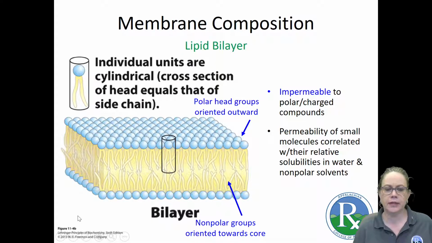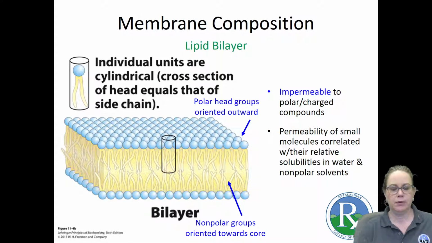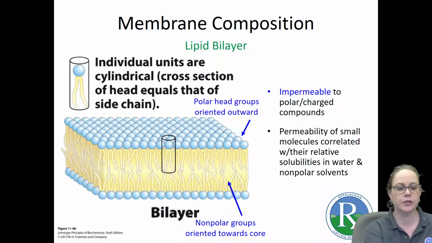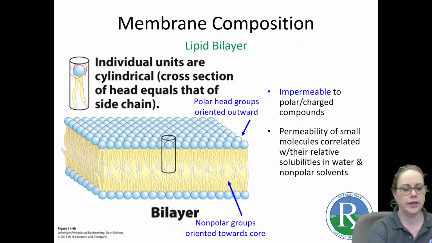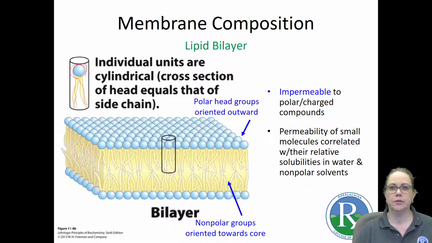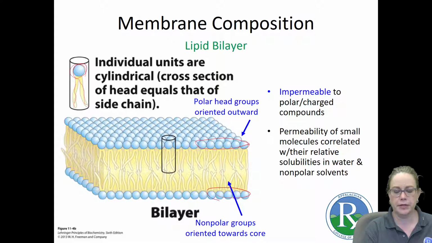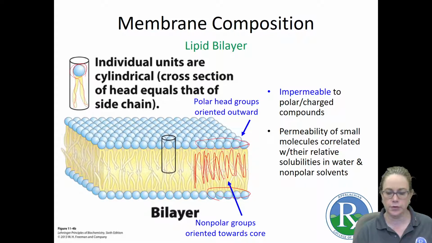If we look at that lipid bilayer, remember our individual units are cylindrical. You have the polar head group represented by the blue sphere, and then those side chains that are relatively nonpolar or lipophilic heading down. We are going to have the polar head groups on either side of the bilayer, and in the center are all those lipophilic or nonpolar tail groups.